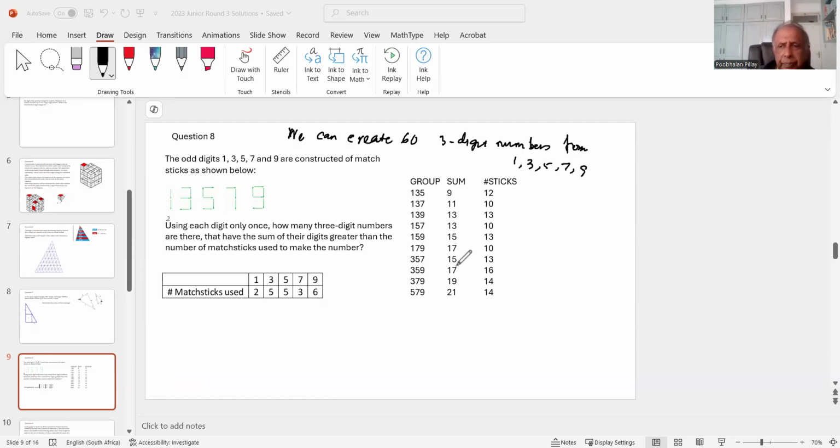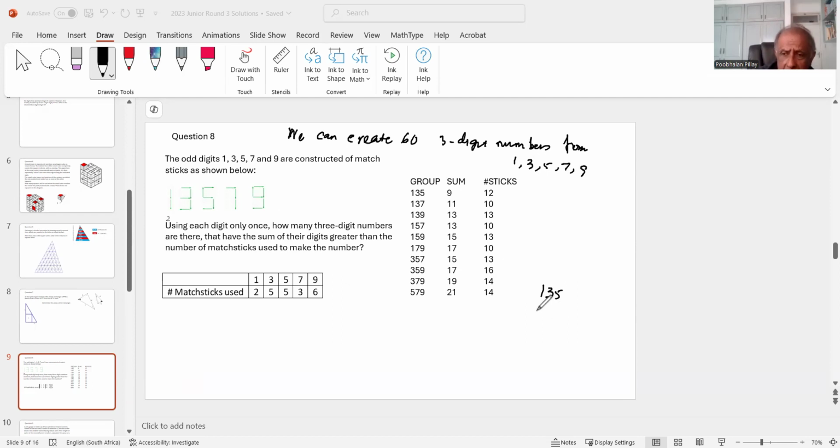Now, what I'm going to do is, if you take 135, that's one of the 3-digit numbers you can make using the digits 1, 3, and 5.